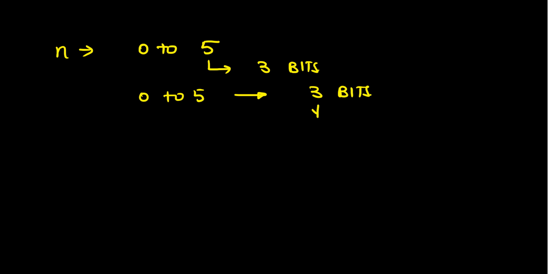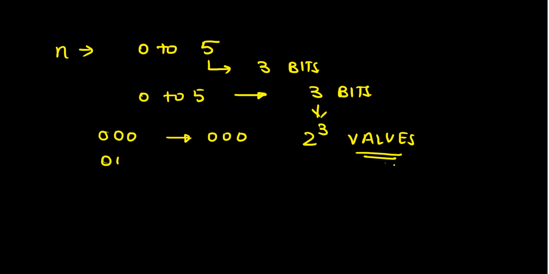And we know that if we have 3 bits, then in total we would have 2 to the power 3 values. Which means that when we bit reverse them, 0 0 0 would be 0 0 0, then 0 0 1, which is 1, would be 1 0 0, then 0 1 0 would be simply 0 1 0.